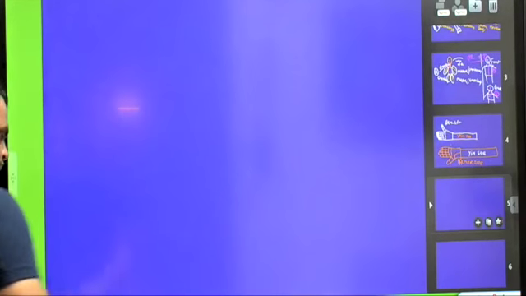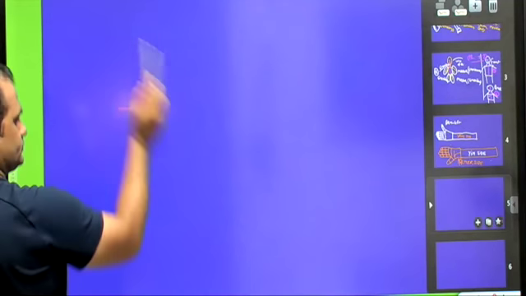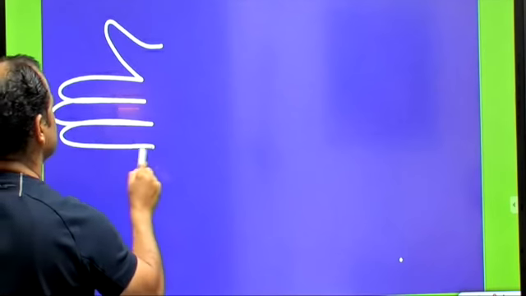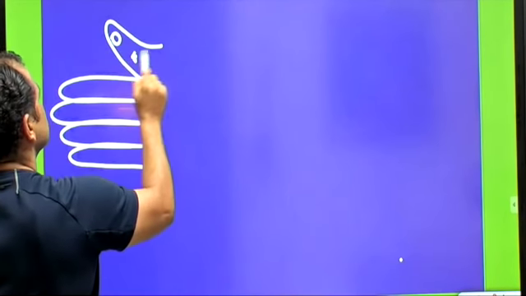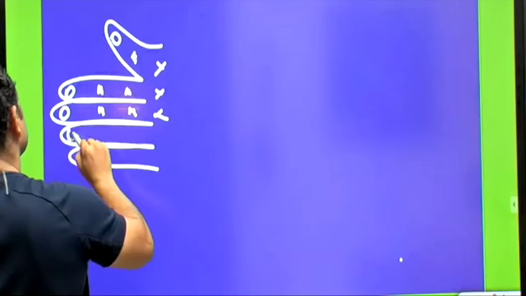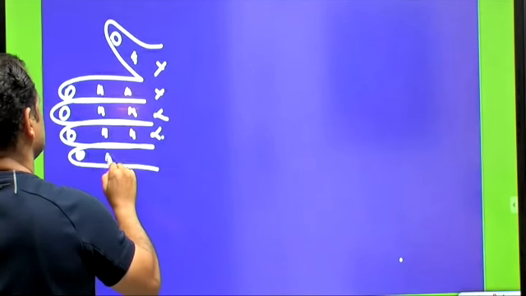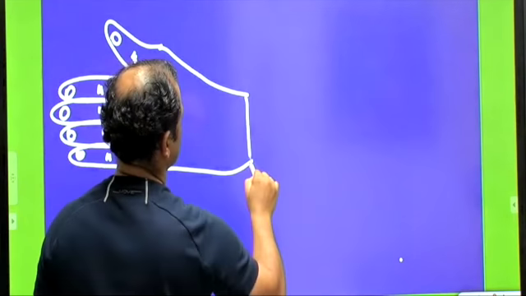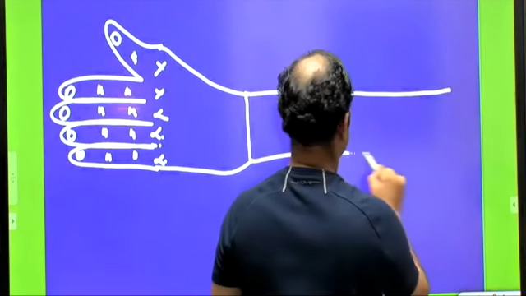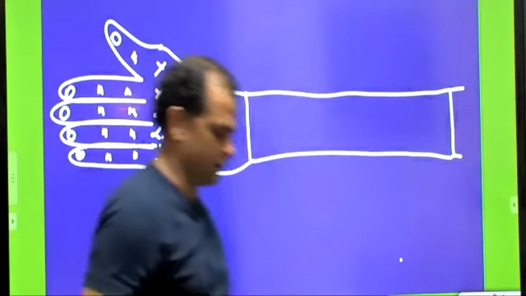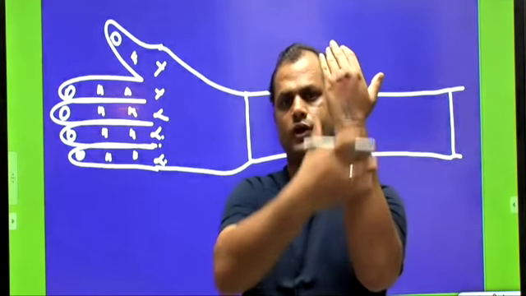If we talk about the yang side, right now we are looking at the dorsal side of the hand. The meaning of dorsal side is this side of the hand. We are looking at this side.